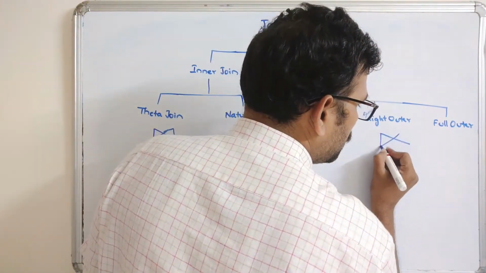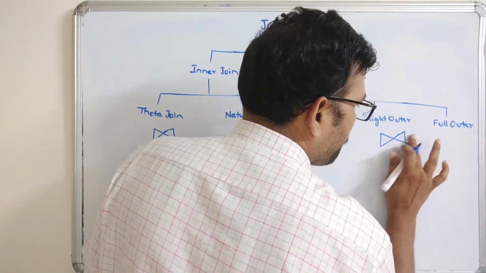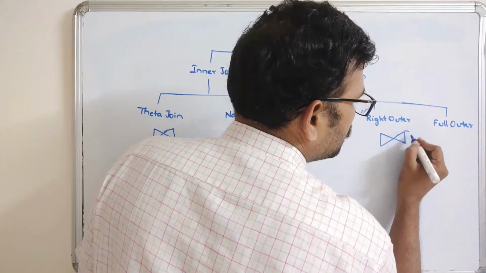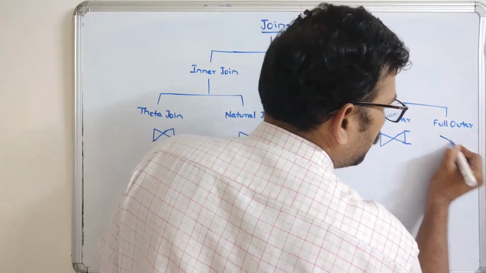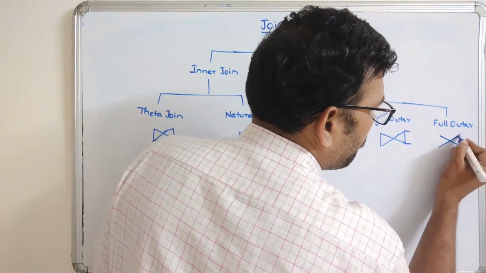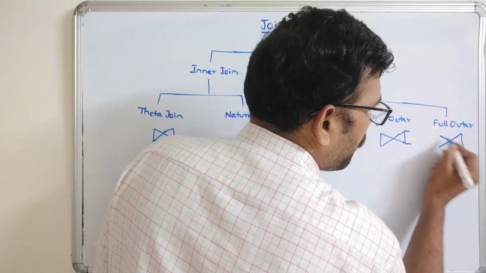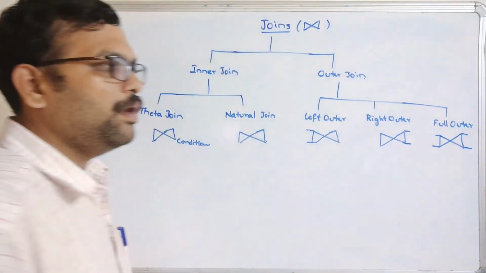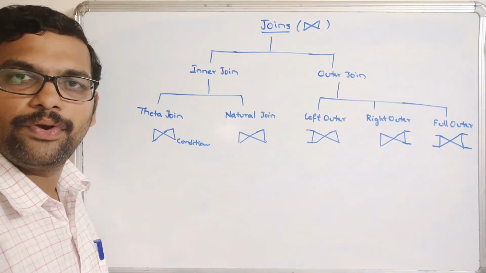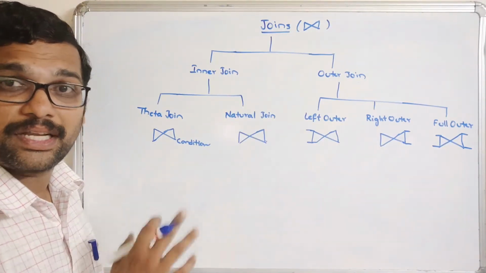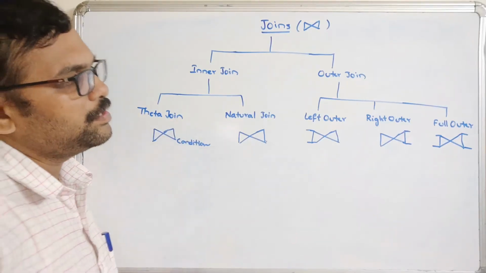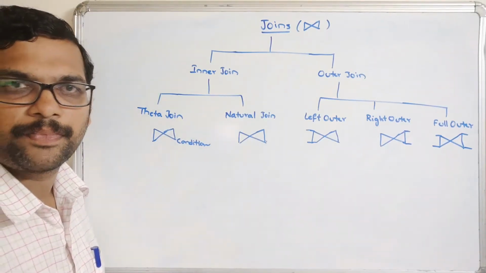Next, this is a right outer join, and this is a full outer join. So these are the representations of these join operations.